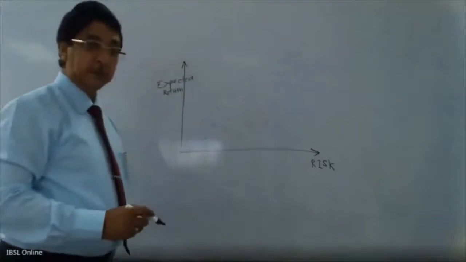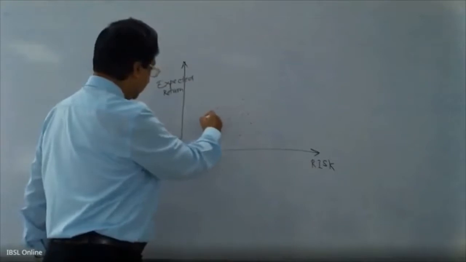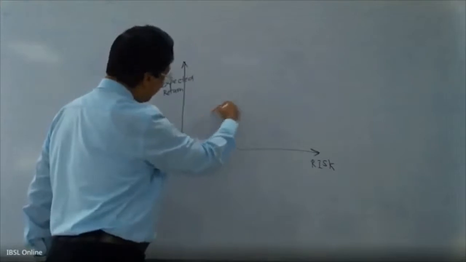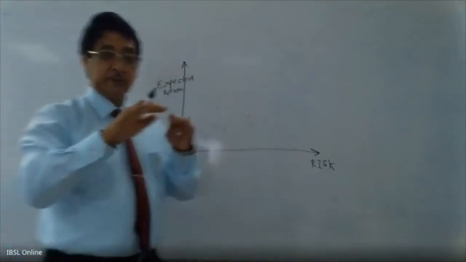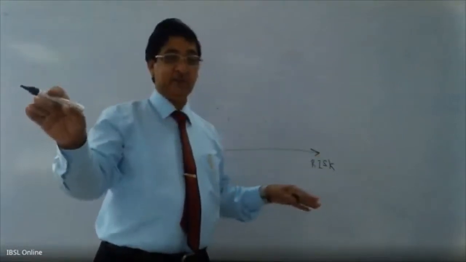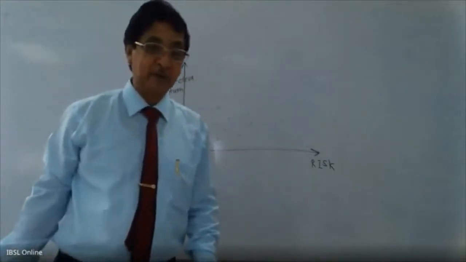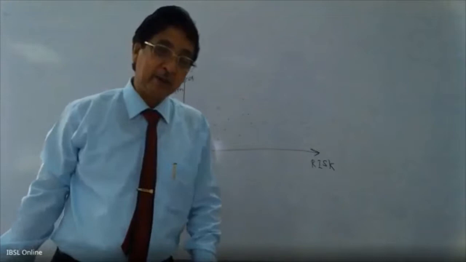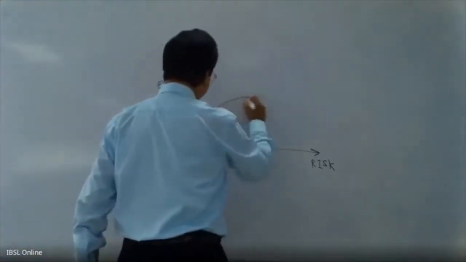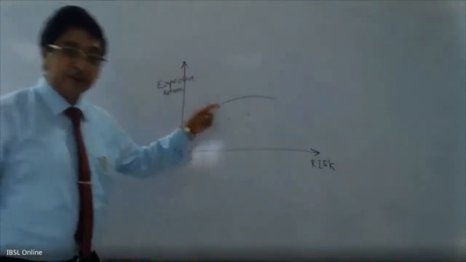Right? Now you can just see these points. You can have a particular set of points where you can identify those points as the boundary, the upper boundary, and that is also called a frontier. Now in this case, this is a frontier, and we call it the efficient frontier.